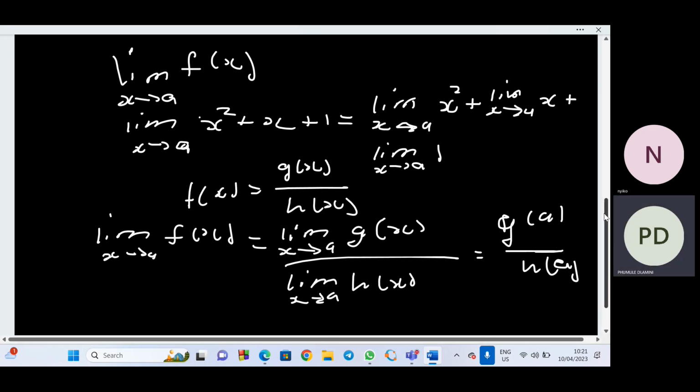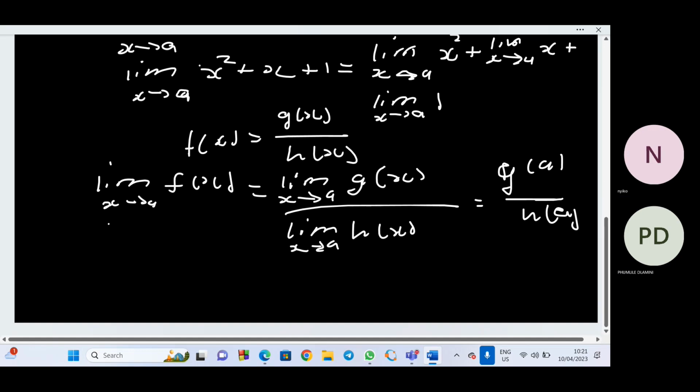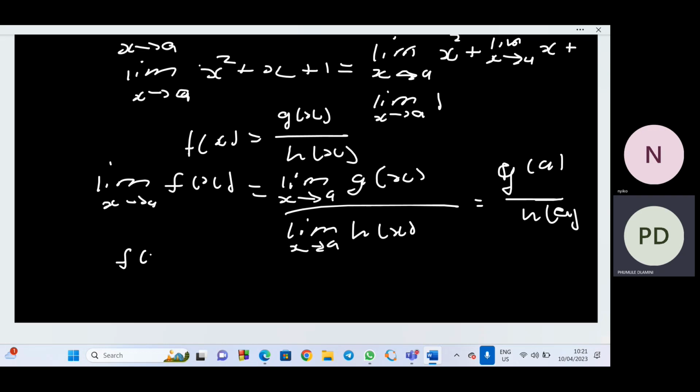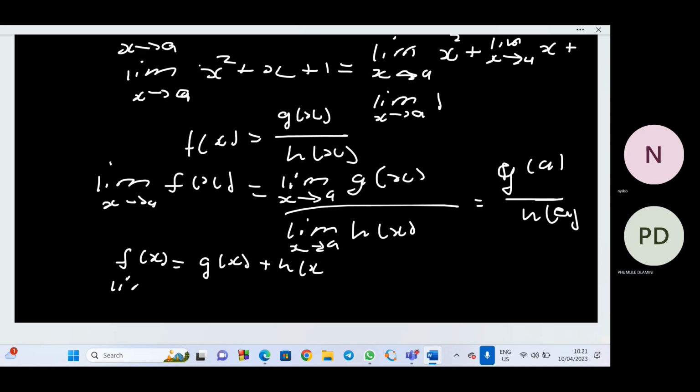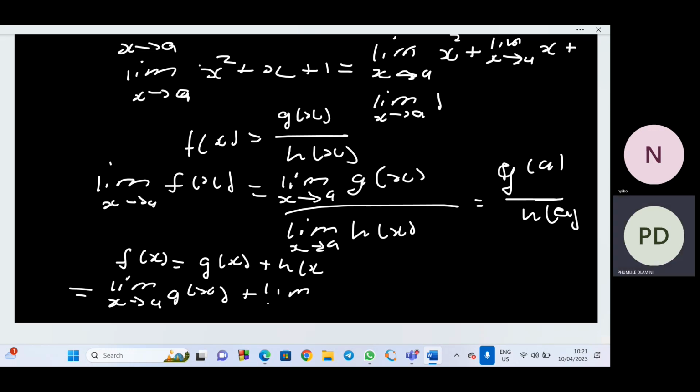So this is another rule. If you also have a limit where your f of x equals g of x plus h of x, to find the limit of this, it can be the limit as x approaches a of g of x plus the limit as x approaches a of h of x, which we can write as equal to g of a plus h of a.